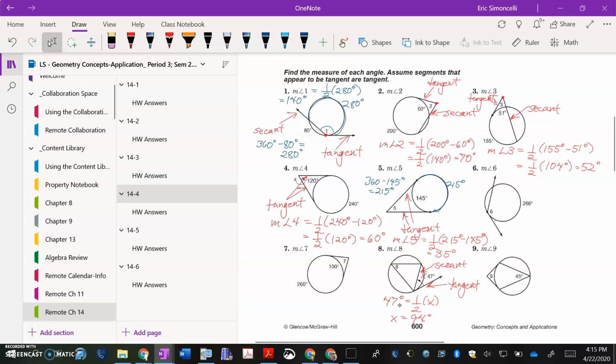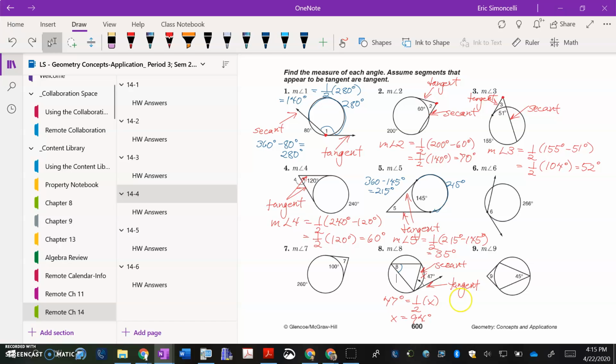Now remember, that's just the arc value. We're going to work our way back to a prior section here, noting that the angle marked as 8 is an inscribed angle. You could also attribute this to a secant-secant scenario, as we learned in a prior section, not necessarily assigning it as an inscribed angle, and really the same result applies.